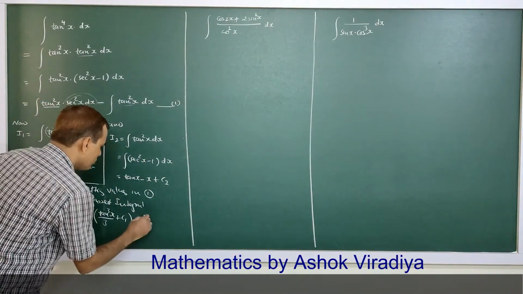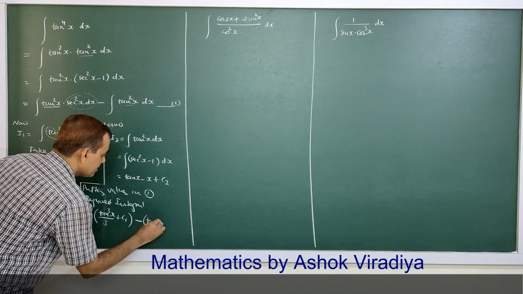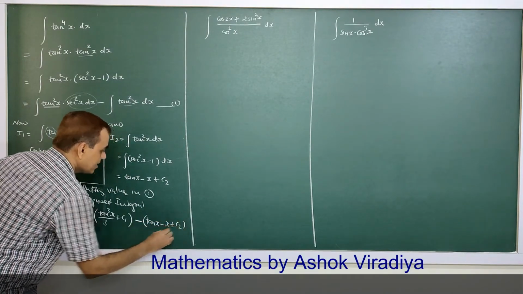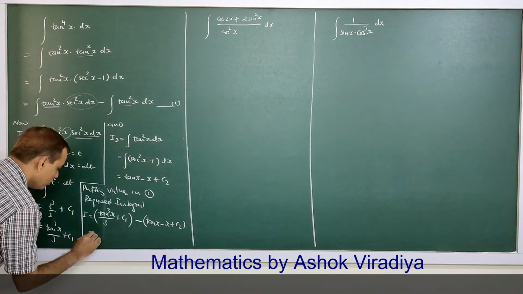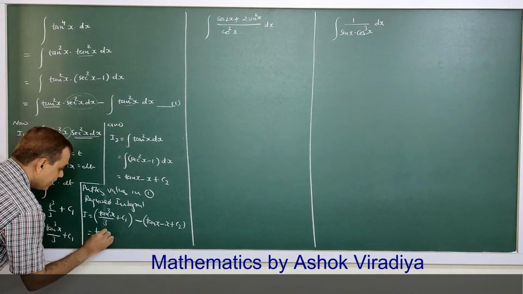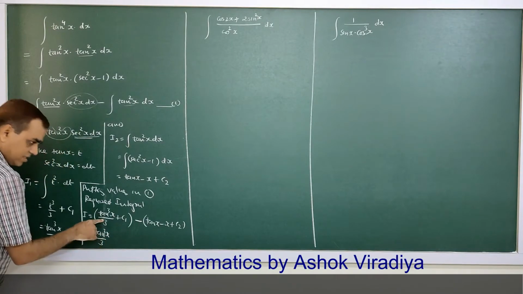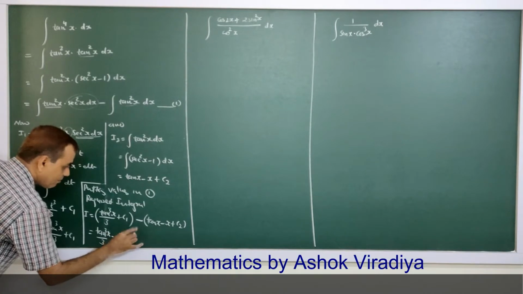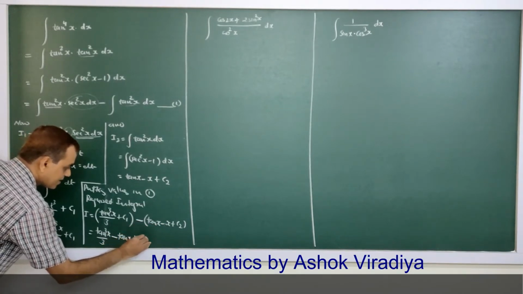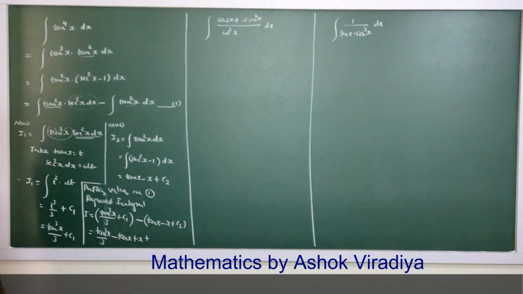What is I2? tan x minus x plus c2. So this is equal to tan cube x upon 3 minus tan x plus x plus c1 minus c2.